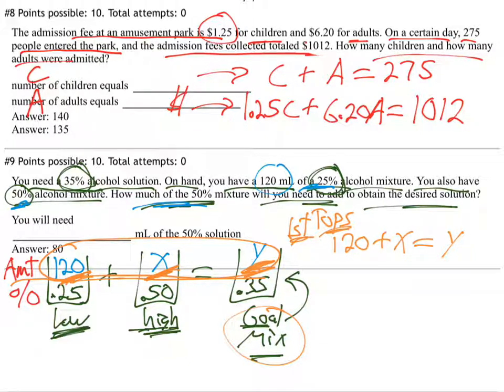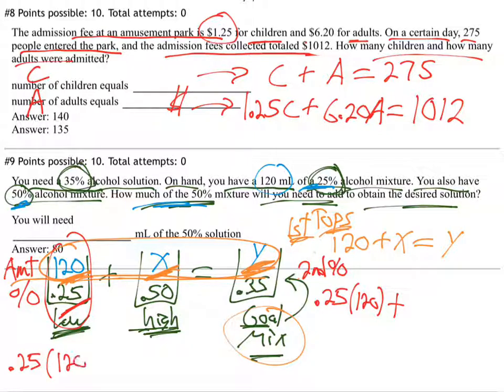And then the second equation is all about the percentages. So you multiply these two. So 0.25 times 120. That'll give you the actual amount of alcohol coming out of the first beaker. Why? Because the first beaker is 25% alcohol. So if you take 0.25 times the 120 liters, you'll get the actual amount of alcohol in there.